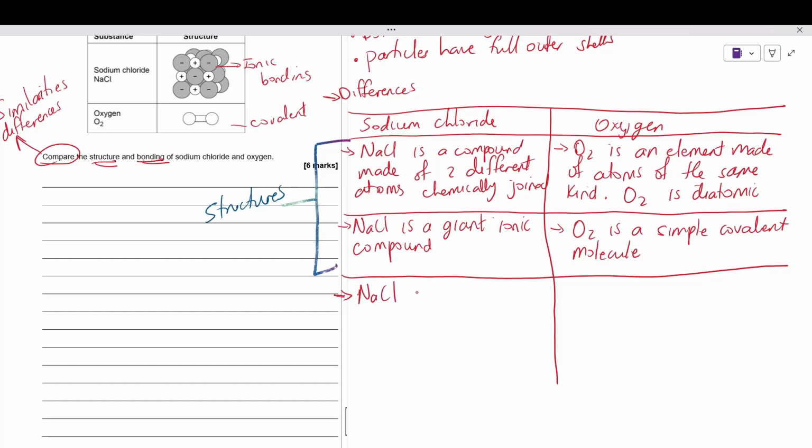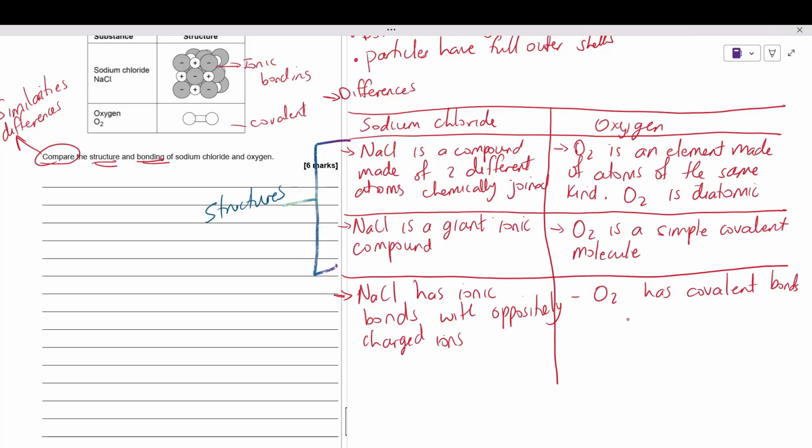So NaCl has ionic bonds with oppositely charged ions, while my O2 has covalent bonds with electrons being shared.